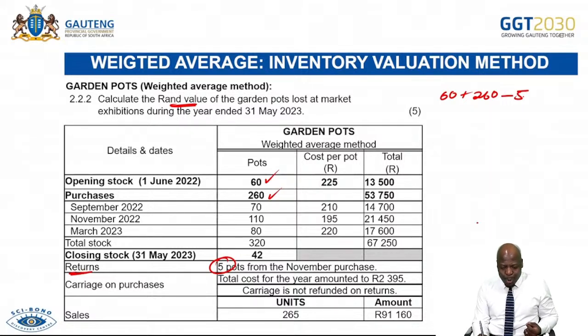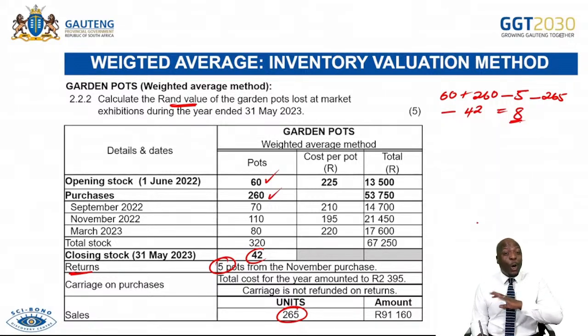And then I also say minus my sales, 265. I must still subtract one more thing. What is it? I must subtract my closing stock, which is 42. Calculators, guys, how much do you get? 8. So it means 8 pots got lost.